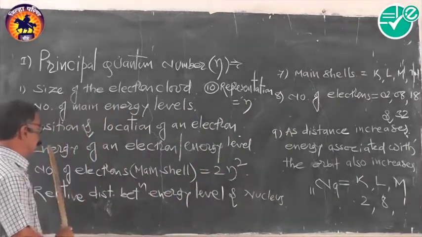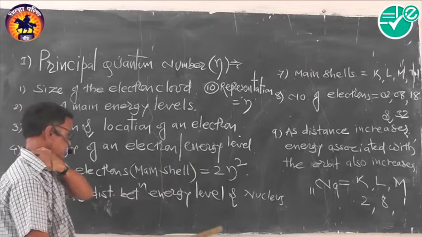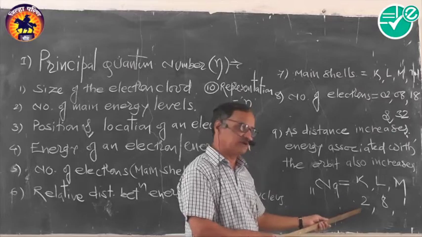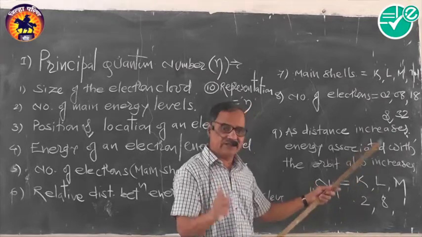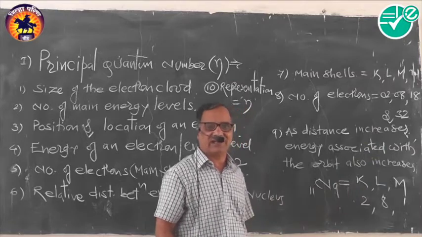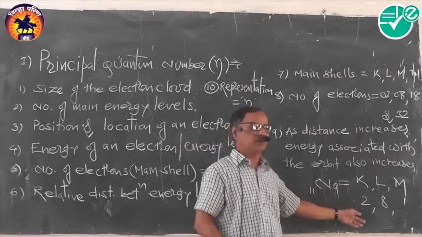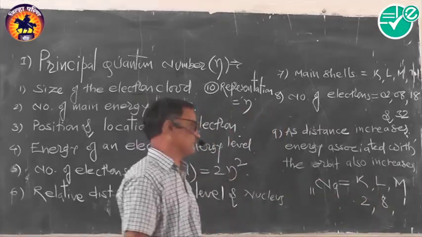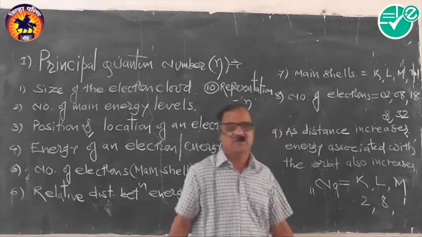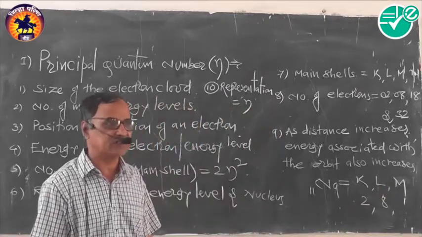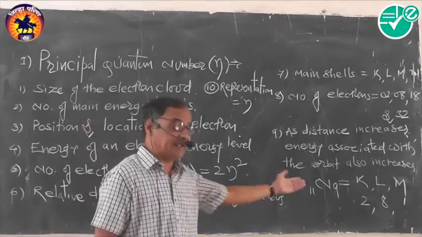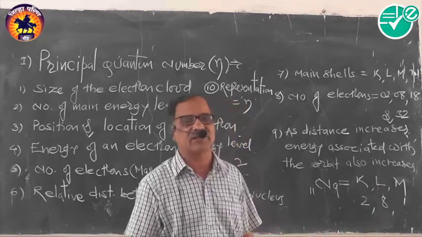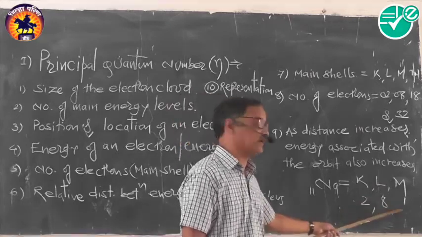So we can talk about the energy of an electron and energy level. The first main energy level, K, contains 2 electrons, and its energy is the summation of the energy of 2 electrons. The L main energy level contains a maximum of 8 electrons, so its energy is the summation of the energy of 8 electrons.